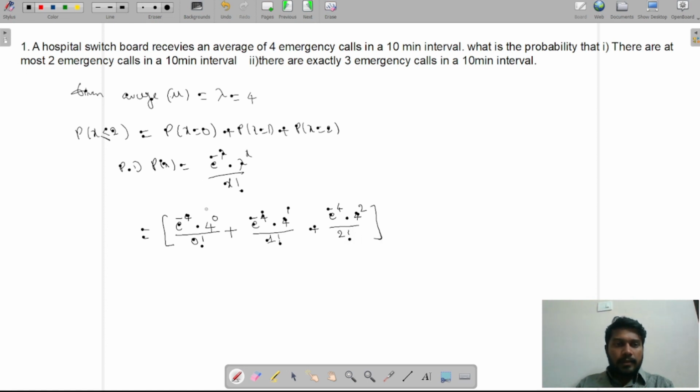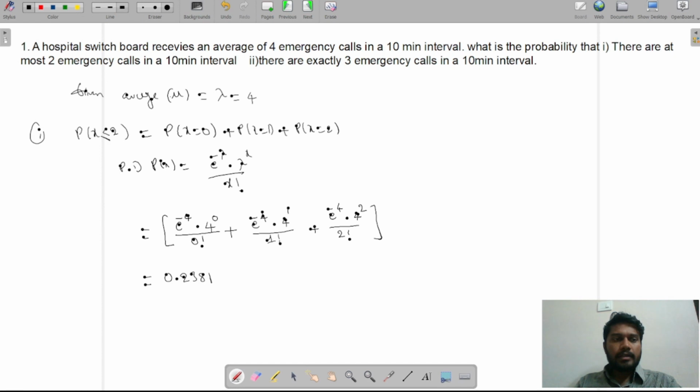Okay, so I'm finding the solution by substituting the values in the calculator. It is 0.2381. So this is the probability of getting at most 2 emergency calls in the 10 minute interval.